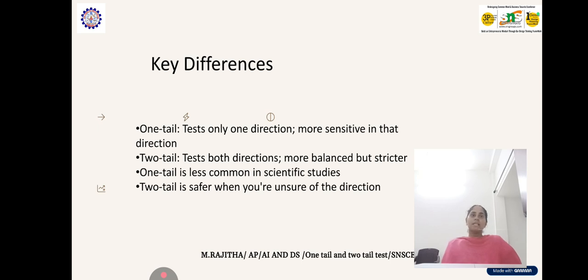For example, if a new medicine is expected to increase recovery speed, a one-tailed test would be suitable. But if you are testing whether a medicine has any effect, positive or negative, a two-tailed test is better. Misusing a one-tailed test can lead to incorrect conclusions, so the direction must be justified clearly.